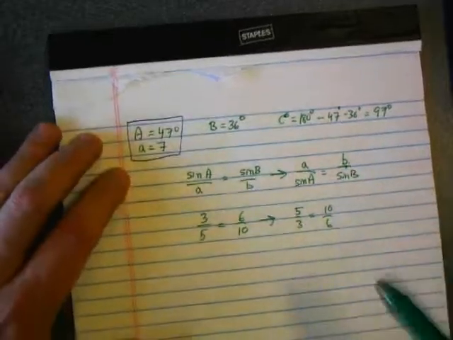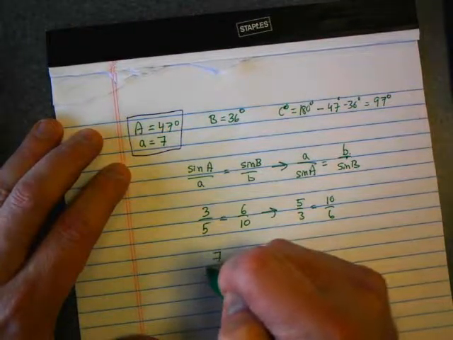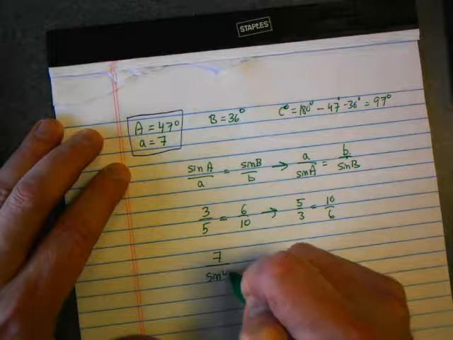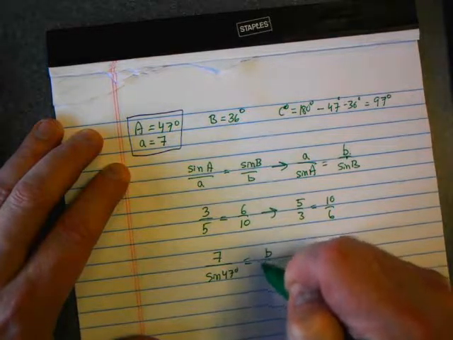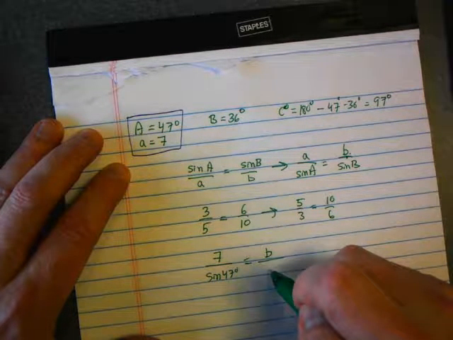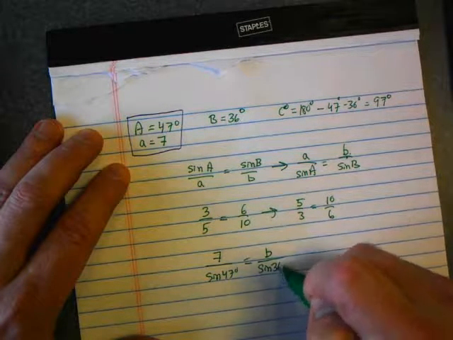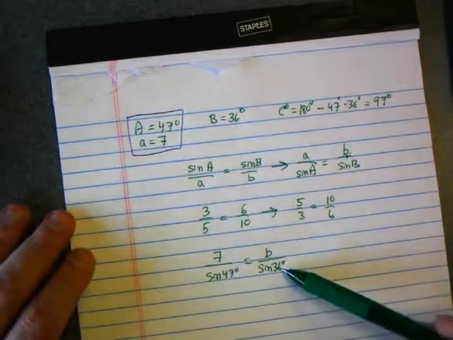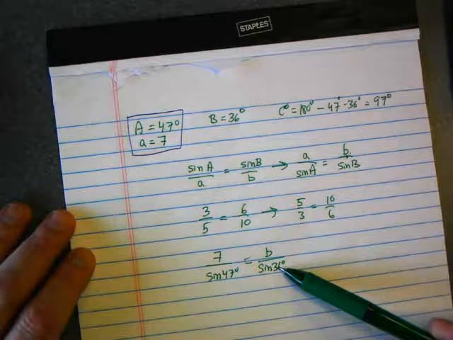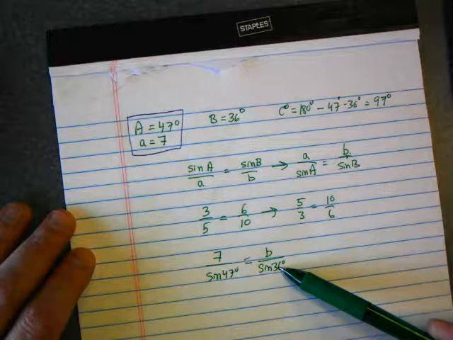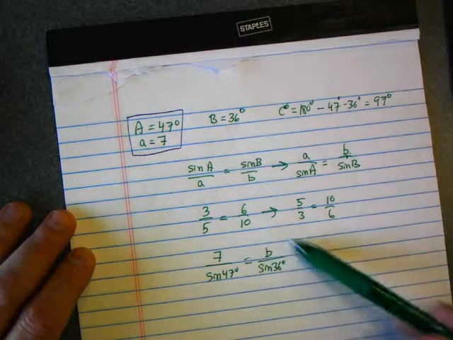So I would write 7 over sine 47 degrees is little b over sine of 36 degrees. And then what do I have to do to get the little b all by itself?